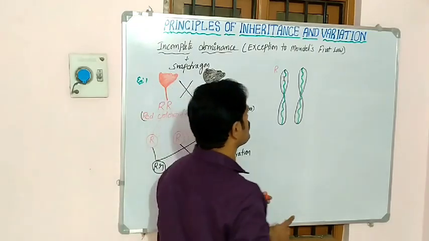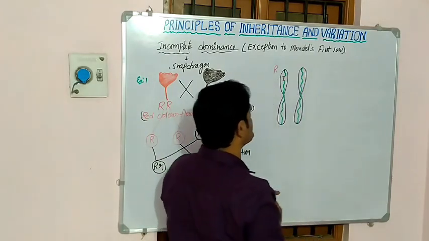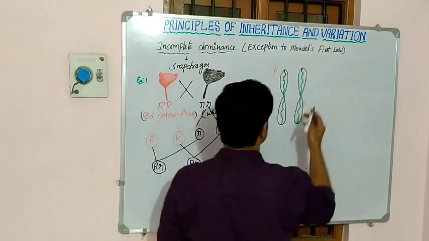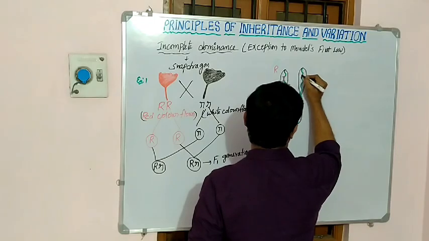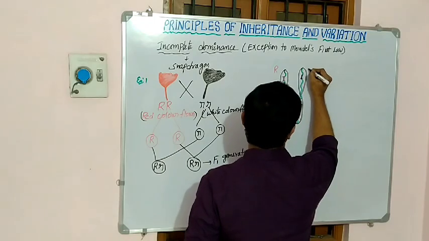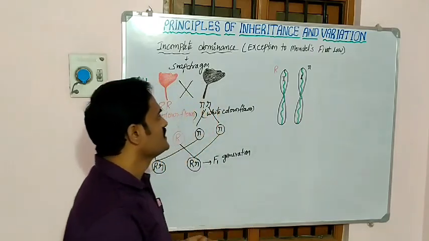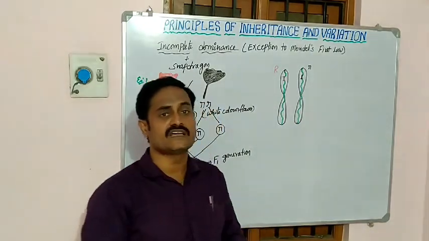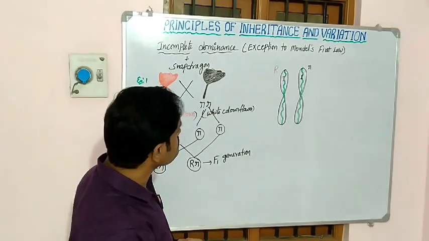In the second chromosome, in the same location, one more gene is also present, and this gene is a small r. So what kind of changes do we notice in incomplete dominance? Listen carefully.